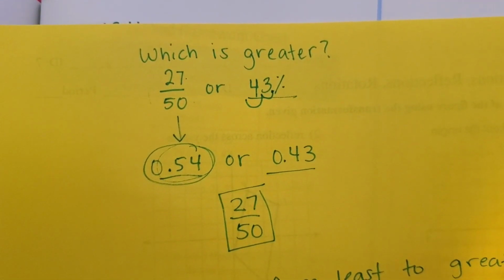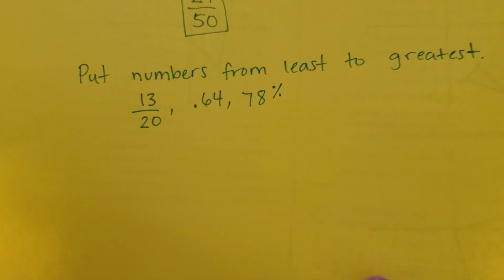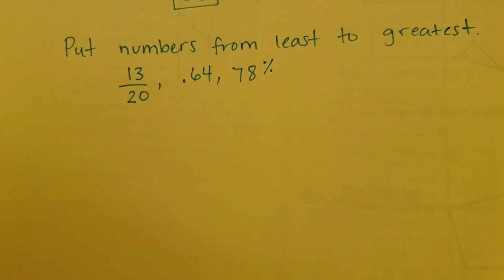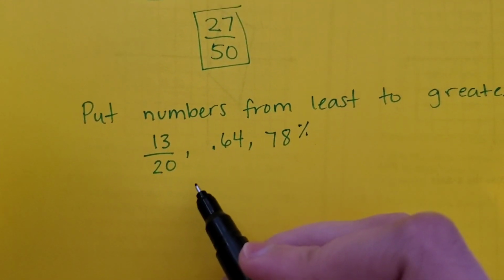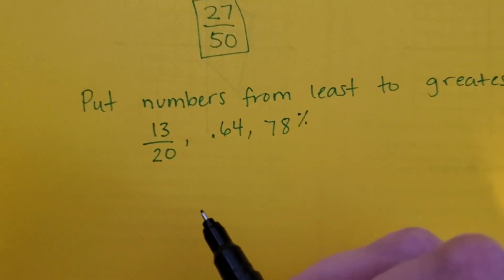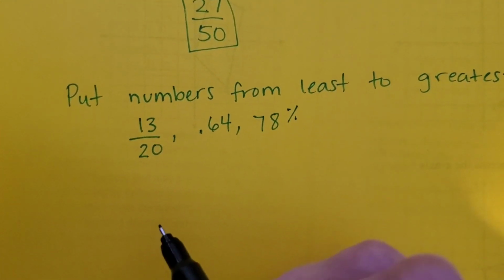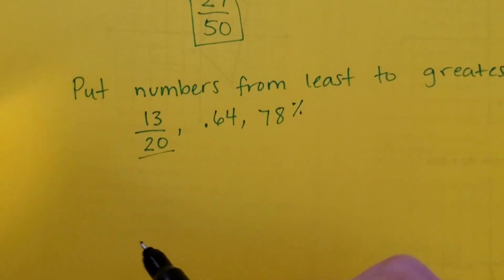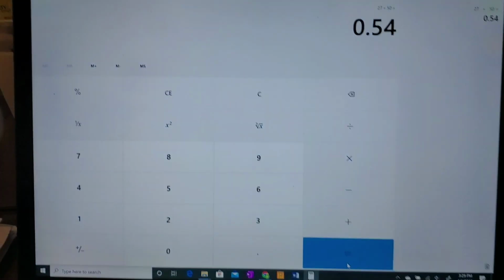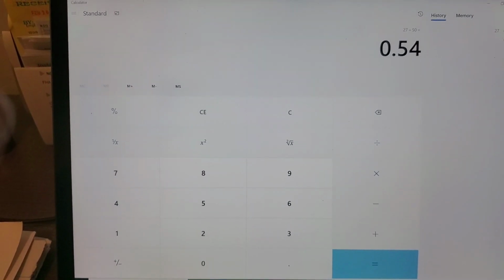Now, looking at the second one, it says put the numbers from least to greatest. So again, you're going to have to compare them all, and you have to get them all the same. The easiest way is again to change them all to decimals. I'm going to start with my fraction, 13 over 20. Remember to put the top number first.